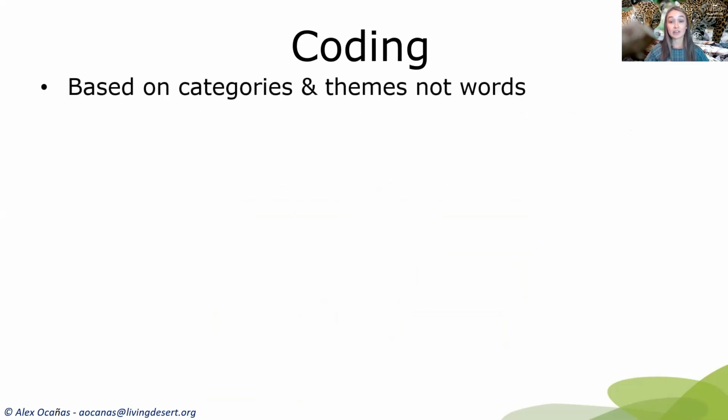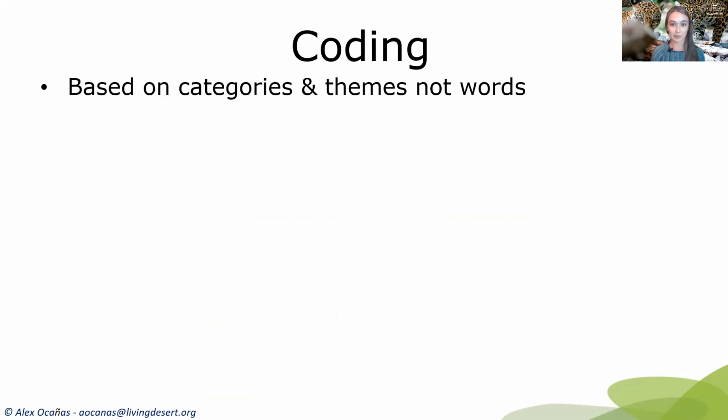So here are some general ideas to keep in mind when we do coding for our data. One, when we come up with the codes, we want to make them based around categories and themes, not individual words, if that makes sense.